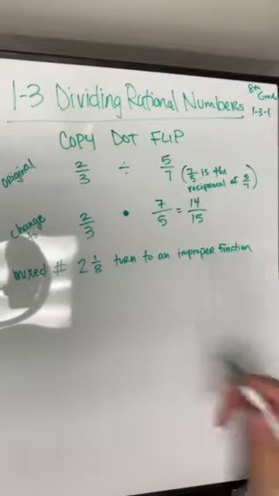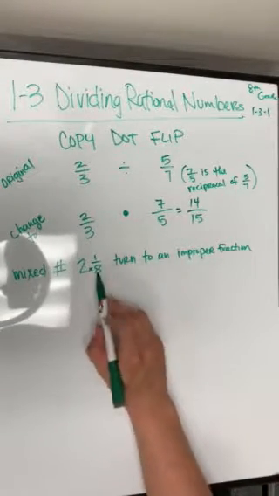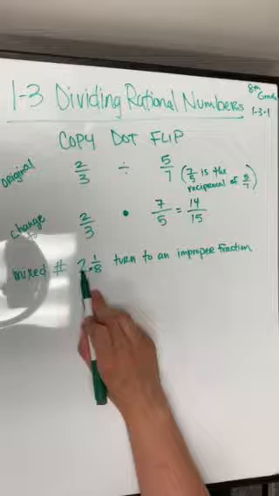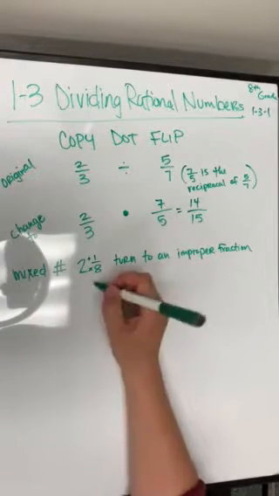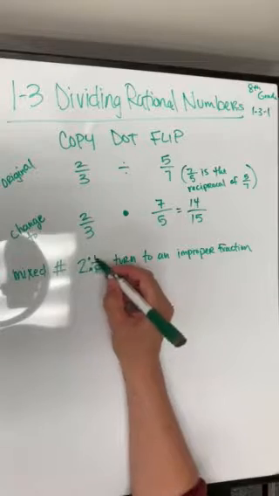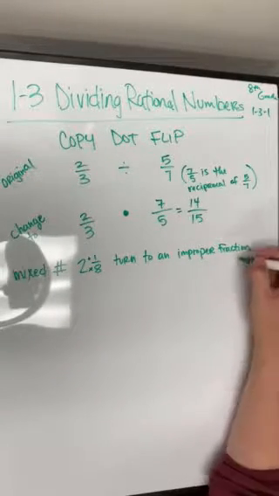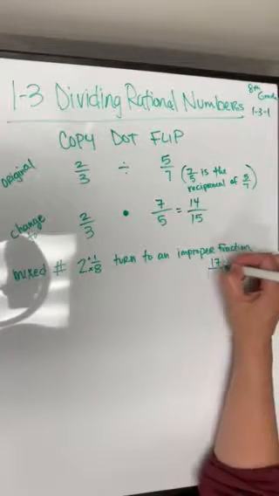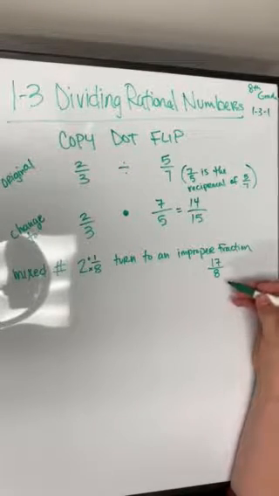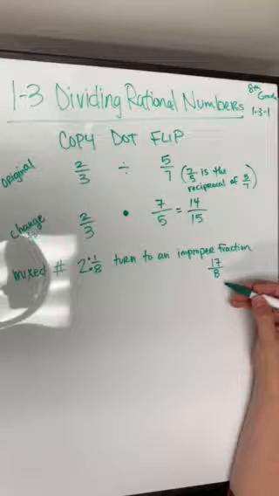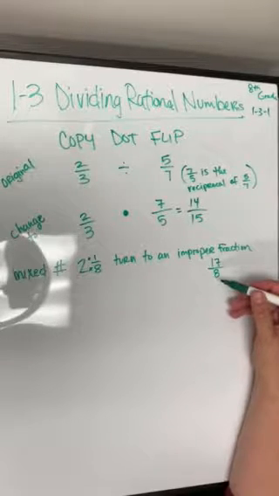How we're going to do this is you multiply the bottom number times the big number. So 8 times 2 is 16. And then you add the top number. So 16 plus 1 is 17. So our improper fraction would be 17/8. You keep that original bottom number.